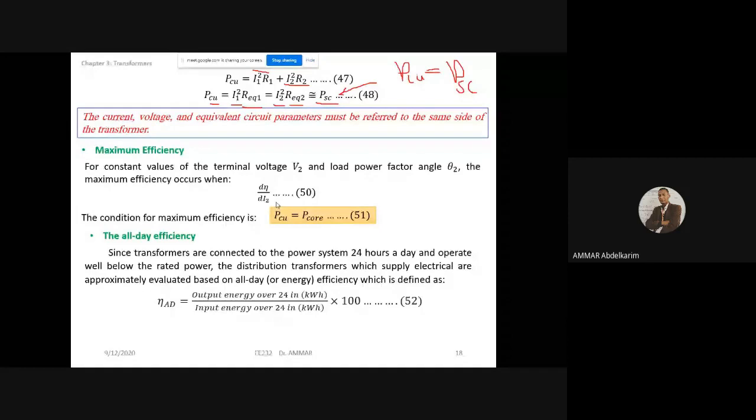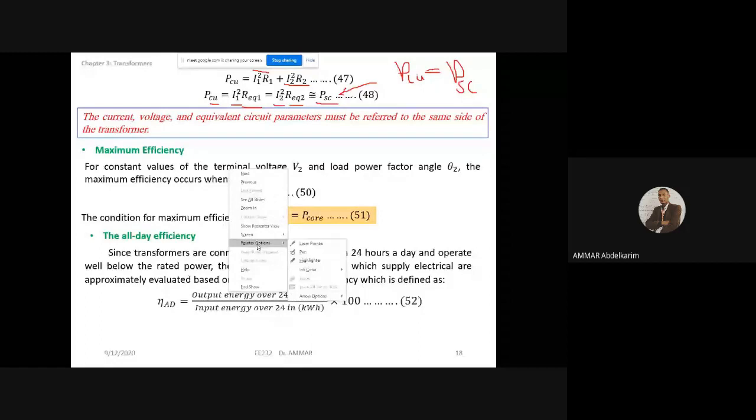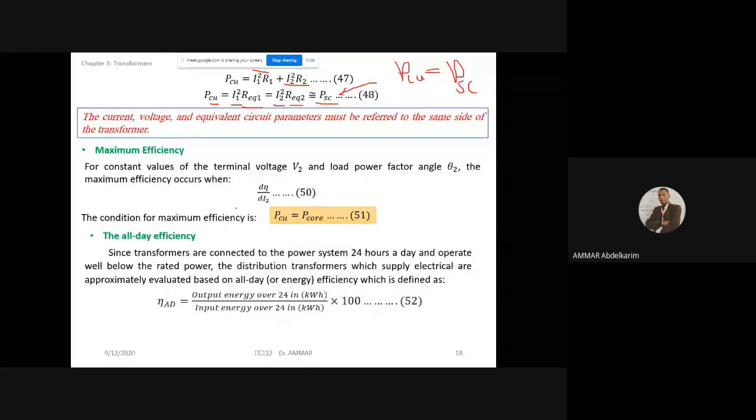The maximum efficiency occurs when, of course, this has a proof, but we don't have time to prove it. By derivating the efficiency over the secondary current, we're gonna get this expression.